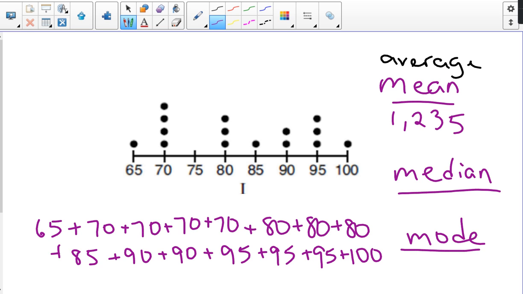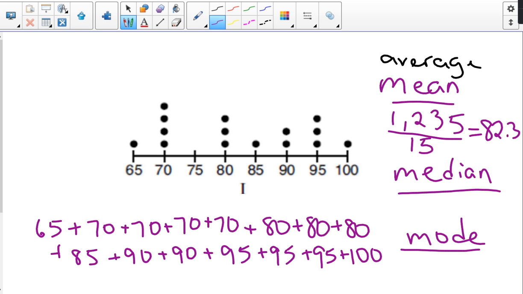So count up all the dots, and that's the number we're going to divide by. Okay, I believe it's 15 students. So that means that we need to divide by 15. So you're doing 1,235 divided by 15, and we get an average of 82.3. Okay, it repeats, but that's fine. 82.3 was the average score in this class.